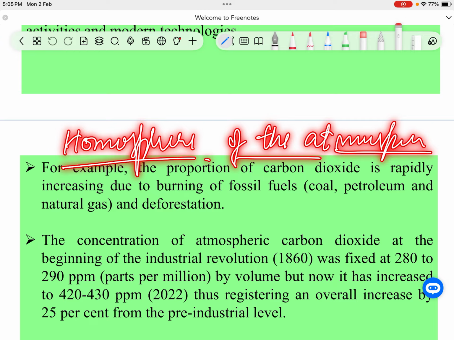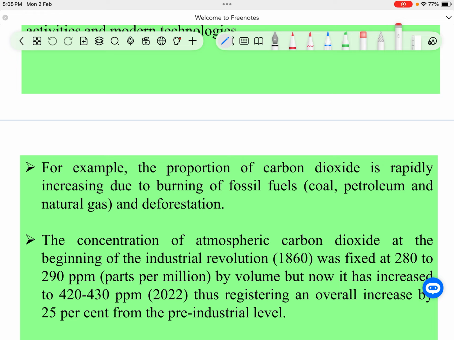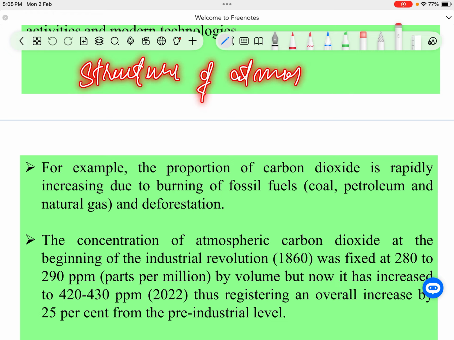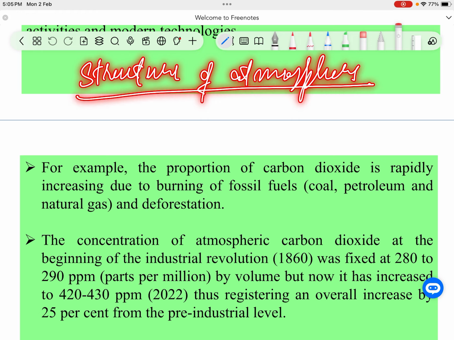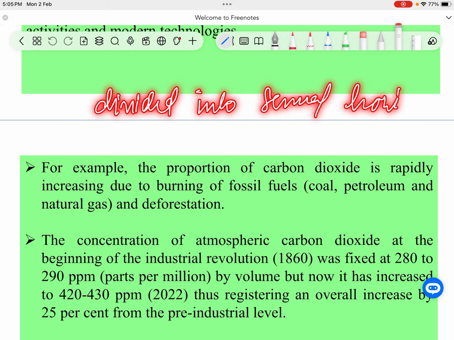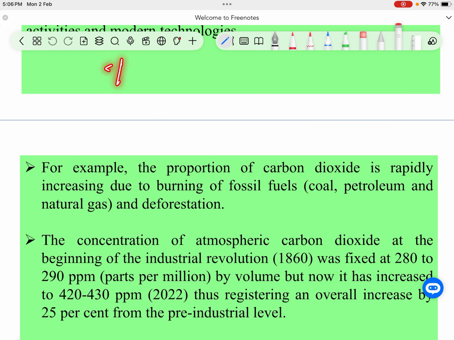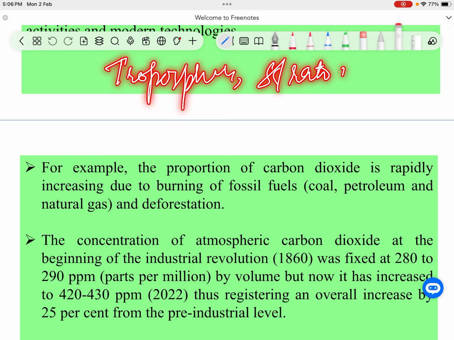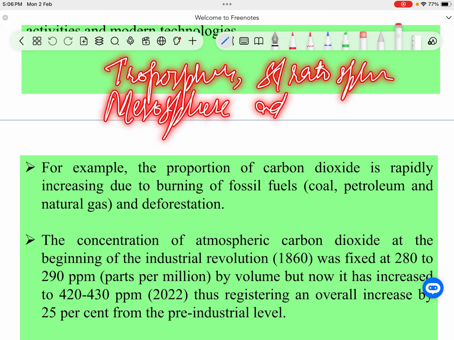We can repeat this: we started with the structure of atmosphere, in which we have seen that atmosphere is divided into several horizontal layers such as troposphere, stratosphere, then mesosphere, and thermosphere.